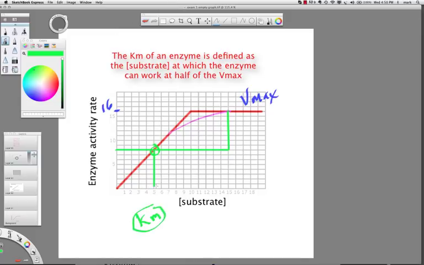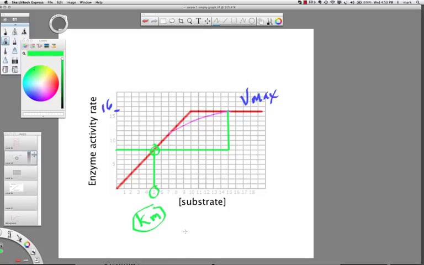And in this example, it's 5. So notice it's in units of substrate concentration. So the Km is the substrate concentration that allows half maximal velocity of the enzyme.